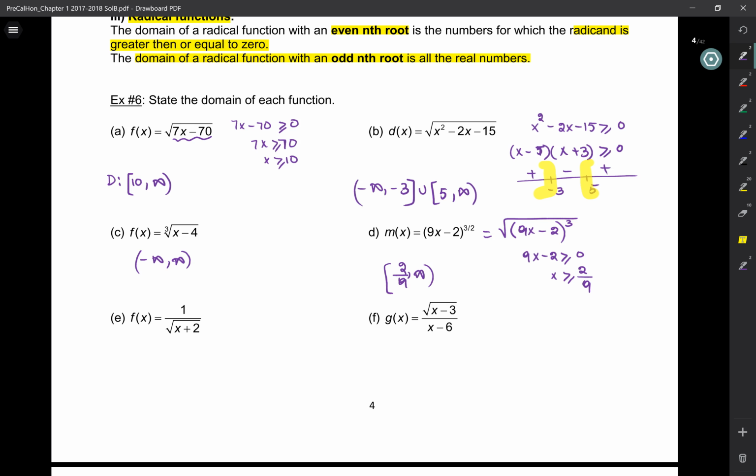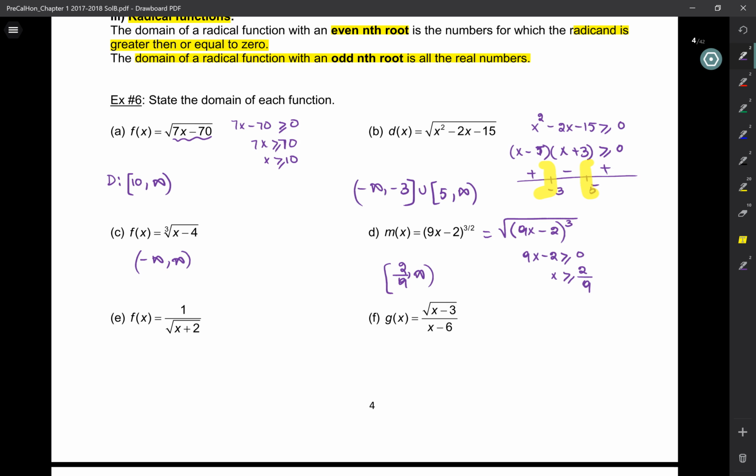At 2/9, what value will this take on? 0. Can you have the square root of 0? Yes, you can. So you can use that one. If it were in the denominator, where you cannot have a 0, it would be different. But here it just means you can use that one too.